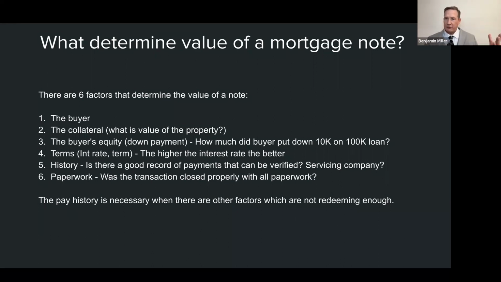The next factor that drives value is the history of the payments. When you buy these mortgage debts, you want to look at how long the person has been making payments. You want to be careful buying a new note. You want to see a record of how long the person has been making payments.